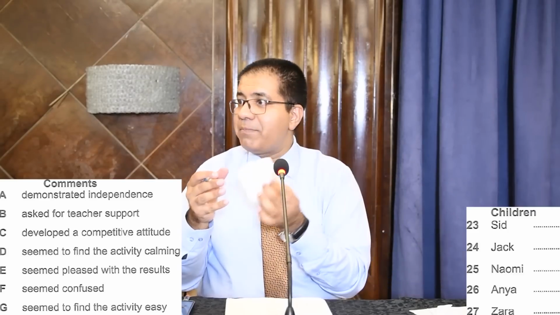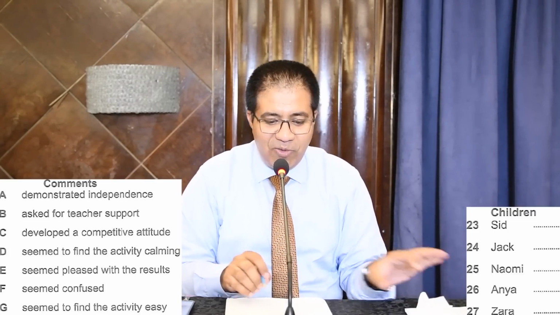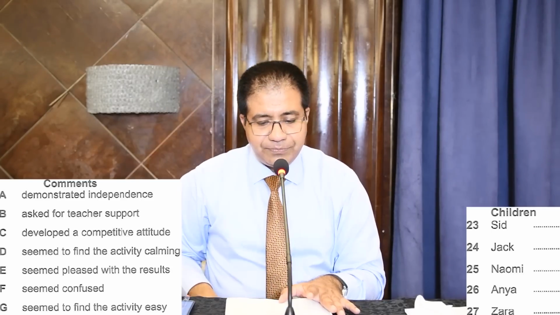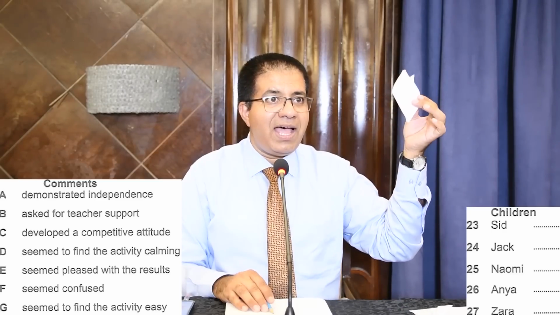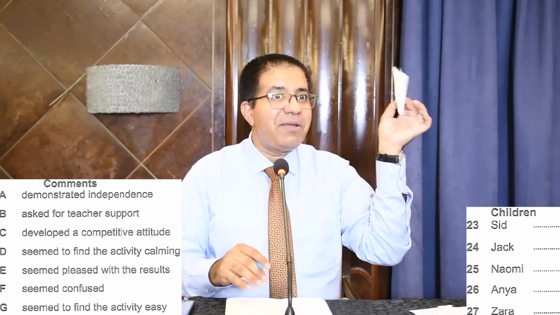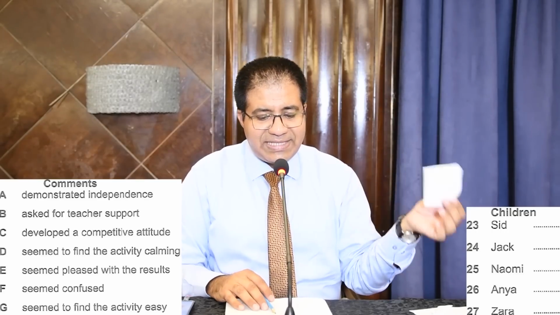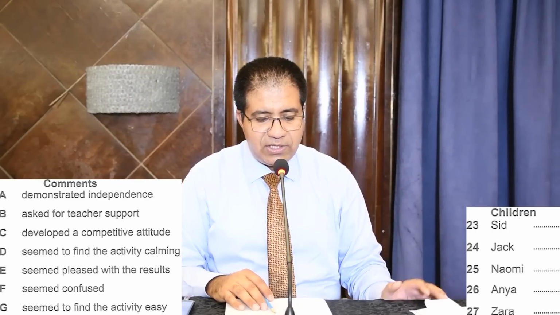Then they gave him the paper and he sat down and he started making something like that. So what does it mean? Seemed to find the activity calming. Option E, seemed pleased with the results. When the child made the butterfly, he was very happy to see the butterfly. So what is it? Seemed pleased with the results.